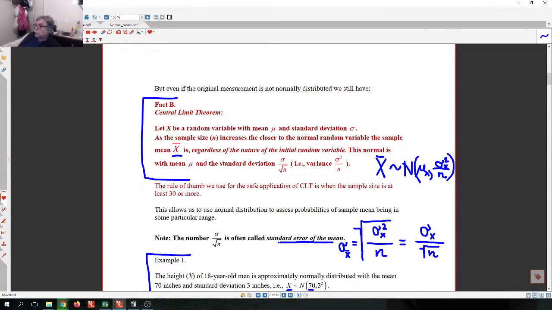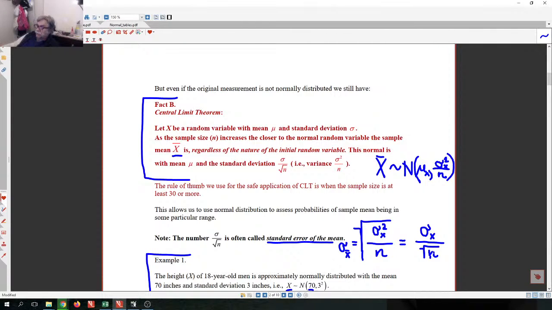This is called the standard error of the mean. And this phrase is very often used. So when somebody says standard error of the mean, it means this. That's the standard deviation of the original random variable, whatever that is, high school GPA or something else, divided by the radical of the sample size.